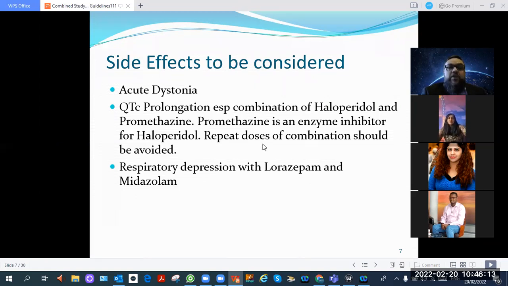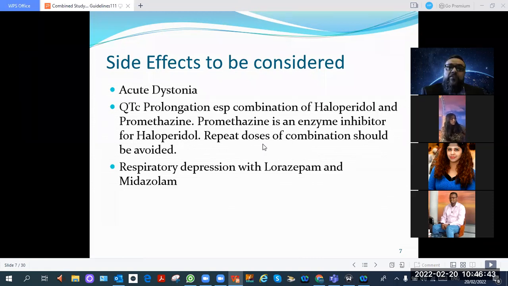But in the start of my psychiatry practice in 2001, we used the haloperidol and promethazine combination, and it was successfully used, and even now sometimes it is used. All we need to do is not combine them in the same syringe. Now, chat box: promethazine and haloperidol combination.